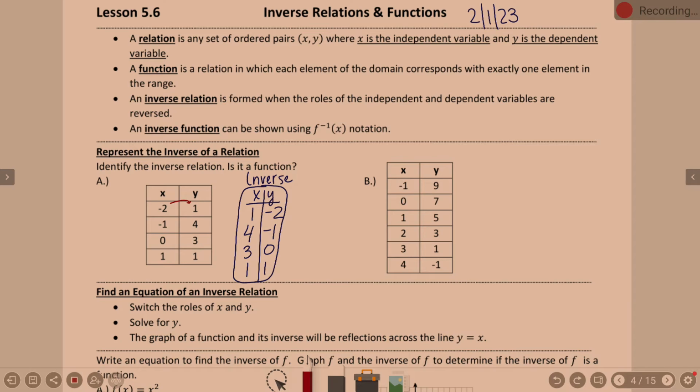Yeah. Does negative 1 go with 4 and only 4? 0 with 3? And 1 with 1. Okay? In other words, each of these x values is used how often? Just once, right? None of my x values repeat. So is it a function? Yes, this is a function.